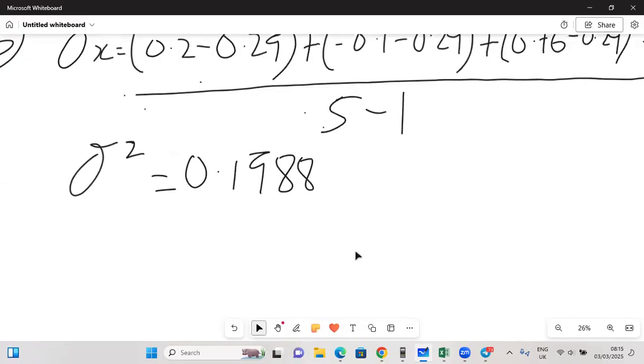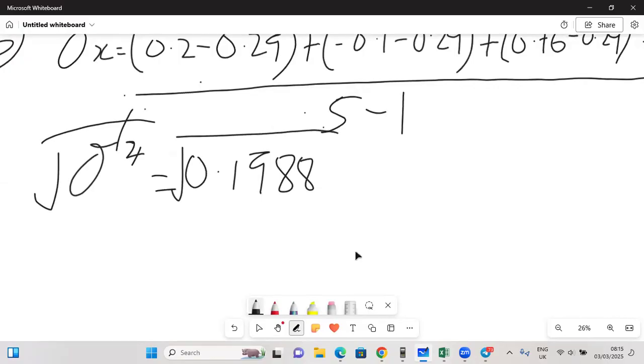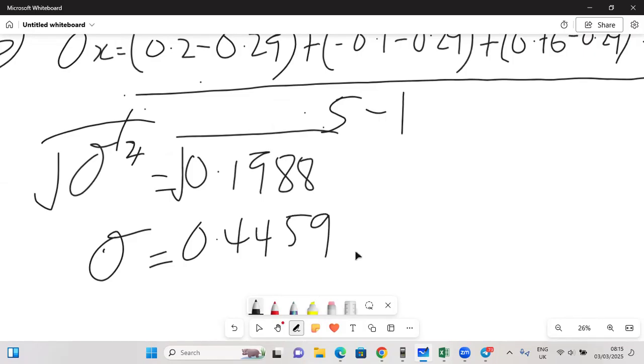Then, because it's the variance, we want to get a standard deviation. You take the root, and then standard deviation is going to be equal to 0.4459. Right.